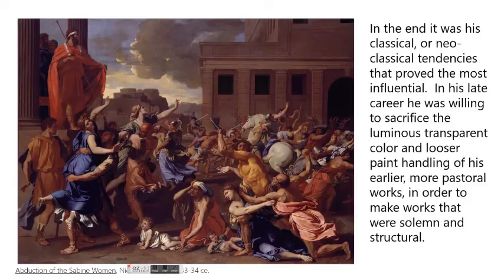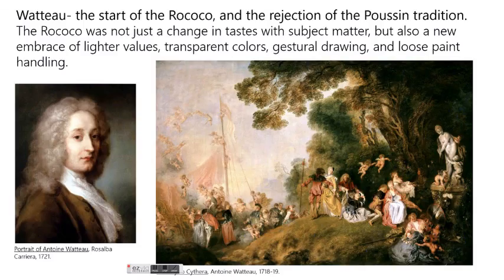And in Poussin's work, it's pretty clear that the classical or neoclassical tendency won out for him, and as a founder of the French academic tradition, he really emphasized it. And it seemed like the thing that defined French painting for a long time. But that other side of him was also in there. And that leads us to the Rococo.